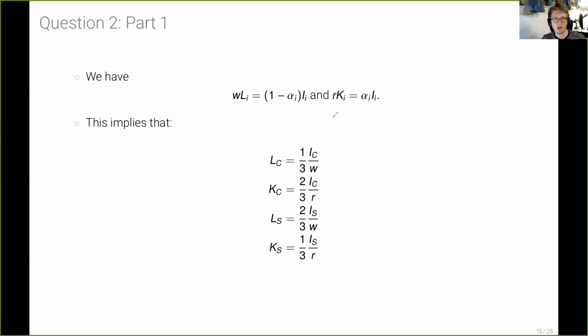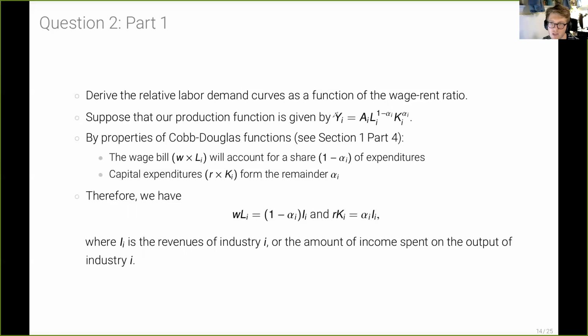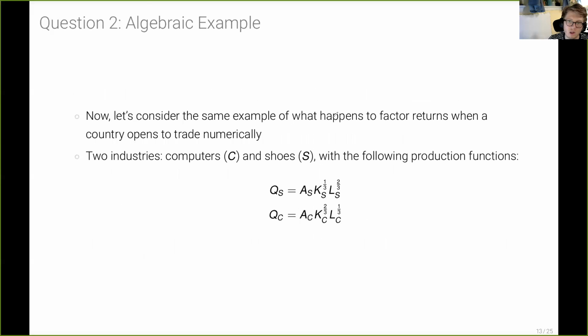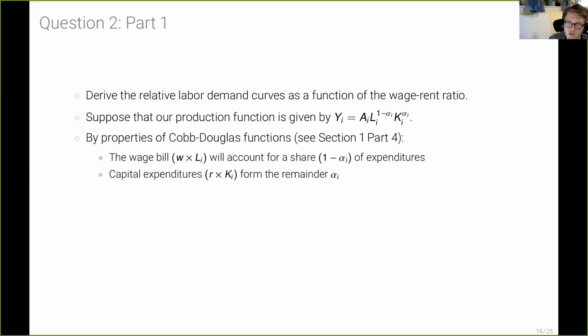Okay, so let's go back and use this to figure out the amount of labor and capital that are going to be hired by both the computer industry and the shoe industry. So going back to this example, I'm going to want to figure out what alpha_I is for each sector. So for instance, let's figure out what alpha_C and alpha_S are for each sector.